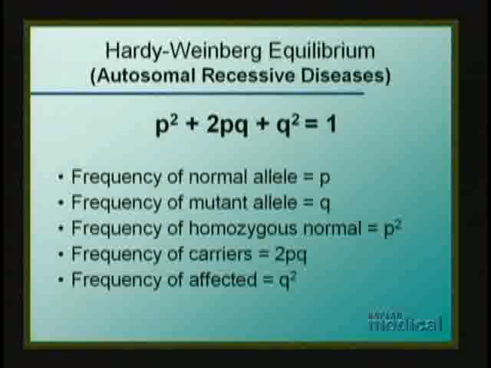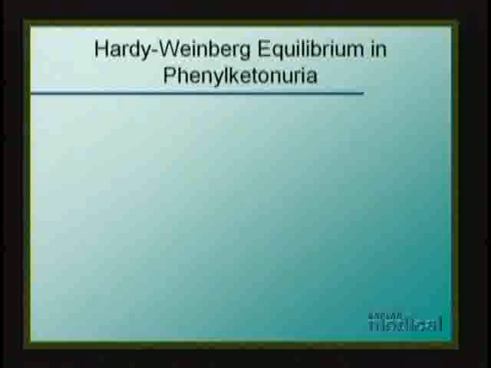And the third kind of question that you may see is that they will give you the carrier frequency, 2pq, and ask you to calculate the fraction of a population that is affected by the disease, q squared. These are very common questions, and I would expect most of you to get at least one of these kinds of questions. Let's look at a couple of examples.